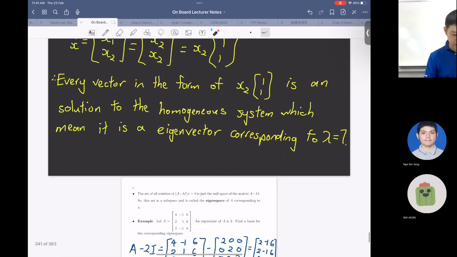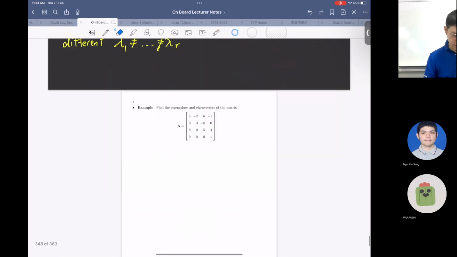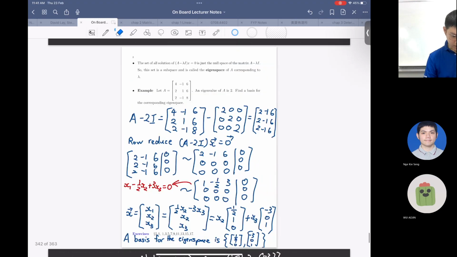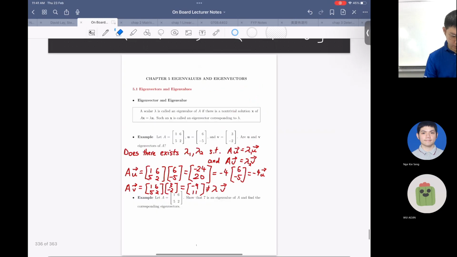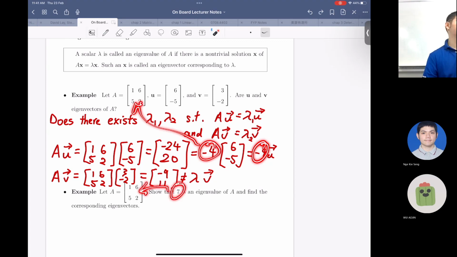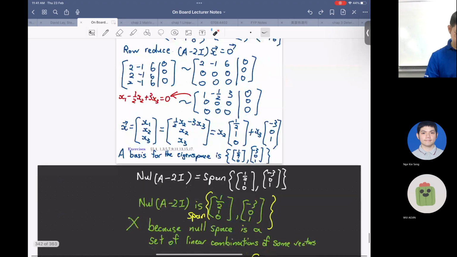Also, we have done an exercise where, you can see that this matrix has 4 and minus 4 as eigenvalues, and 7 is also an eigenvalue. So you could have different eigenvalues for the same matrix.